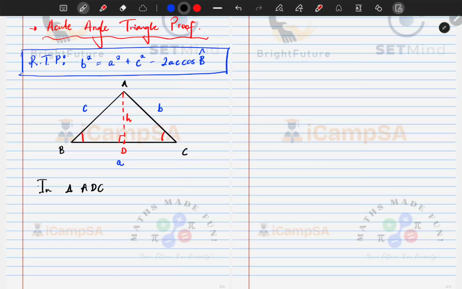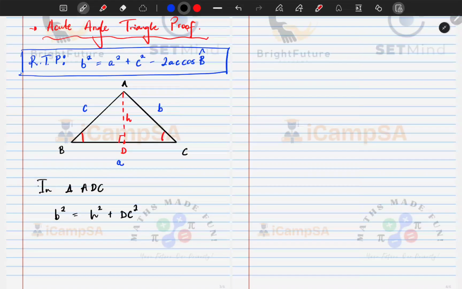So in this case, focusing on this triangle, we have b squared is equal to h squared plus DC squared.